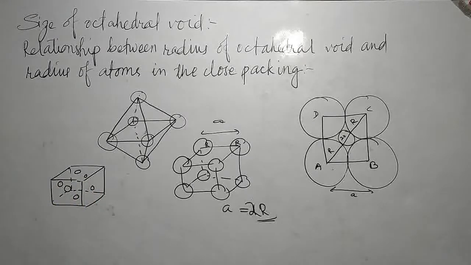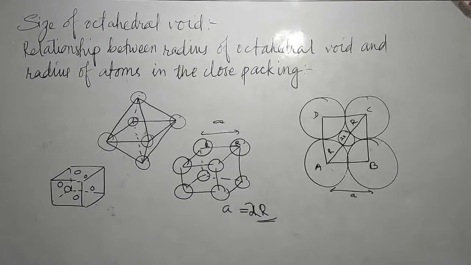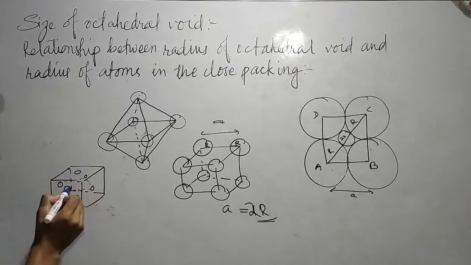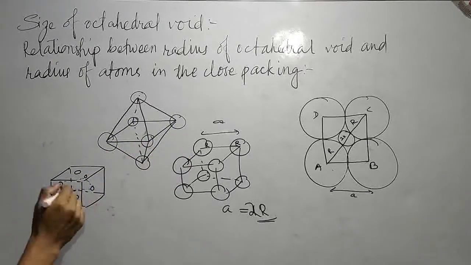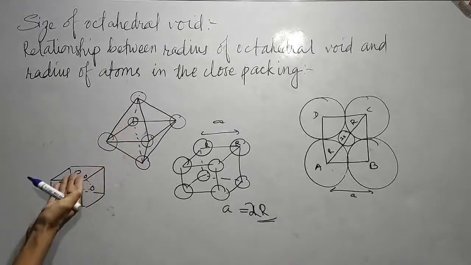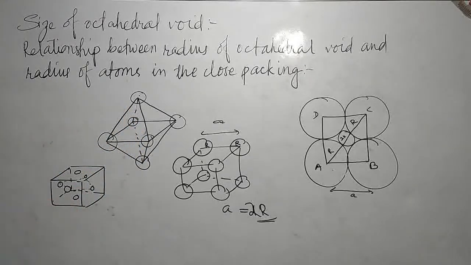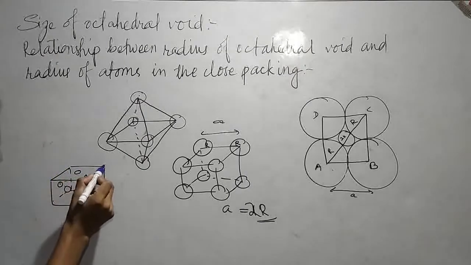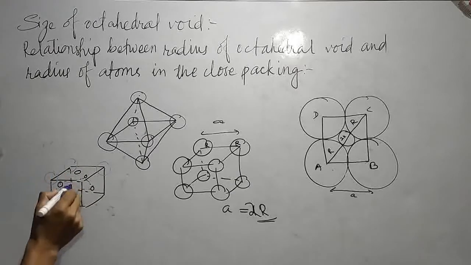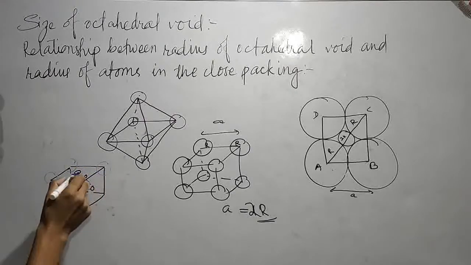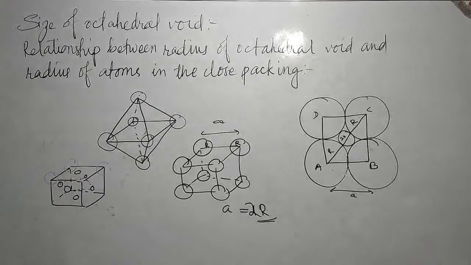As you can see, these 4 atoms on the horizontal and 2 atoms above and below. Whatever atoms are present at the corners, it will be the same size that is available even in the face centered.